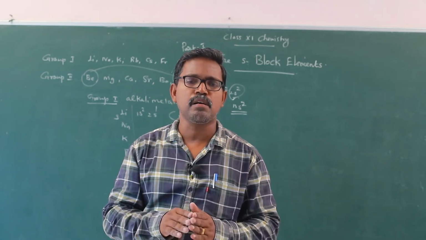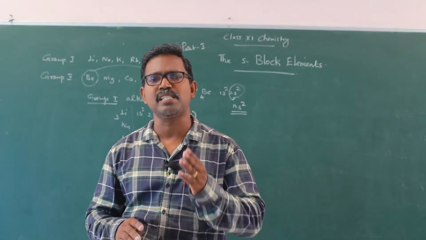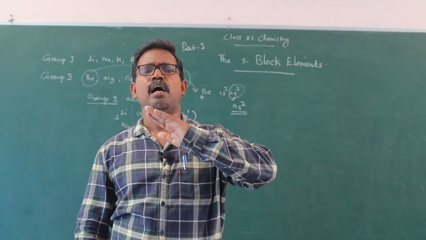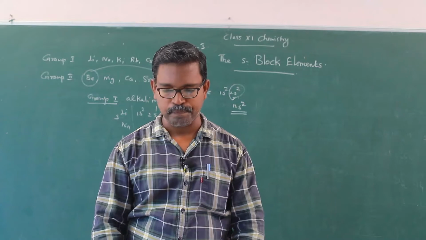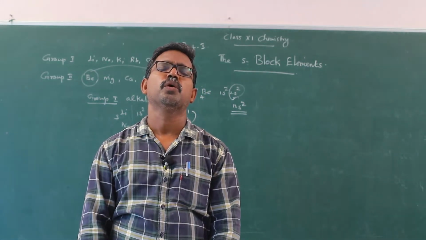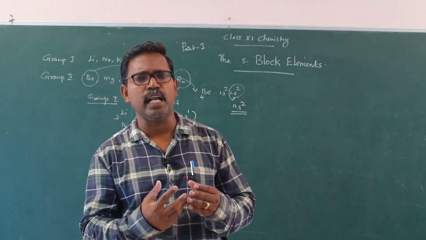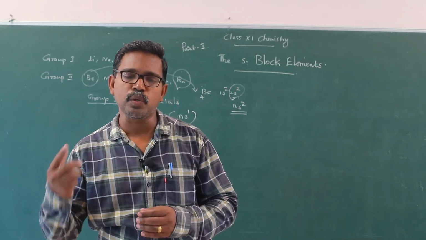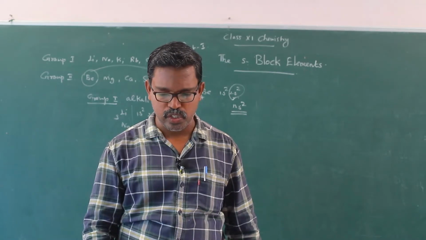This property is called anomalous behaviour. Anomalous means they differ in their characteristic properties from the rest of the family members. And the first elements of each group are diagonally related with elements of the other group, that is called diagonal relationship.